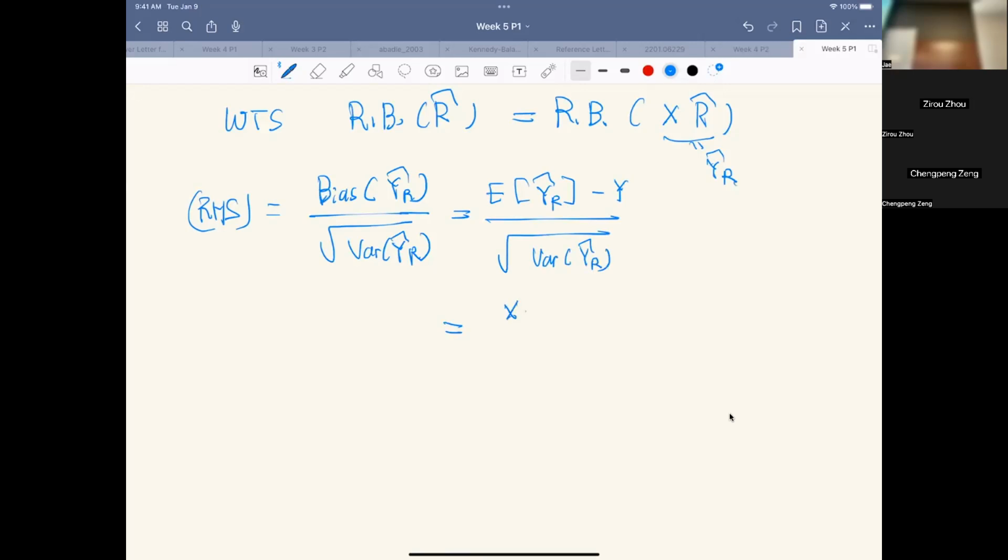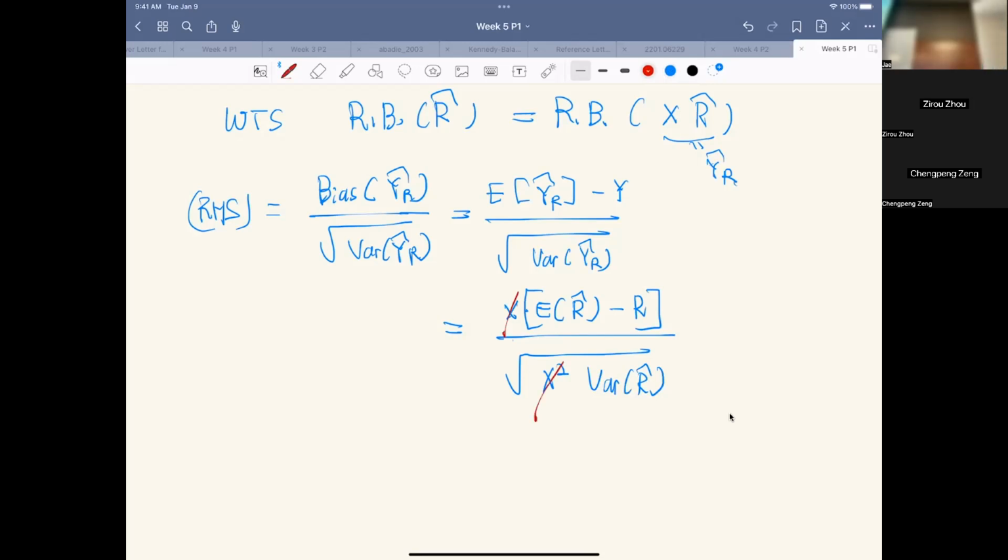This is X times the expectation of R hat minus R, divided by the square root of X squared times the variance of R hat. So that actually has a cancellation.